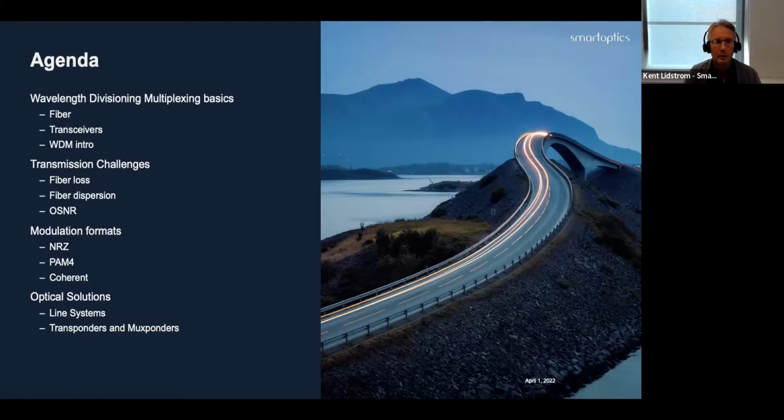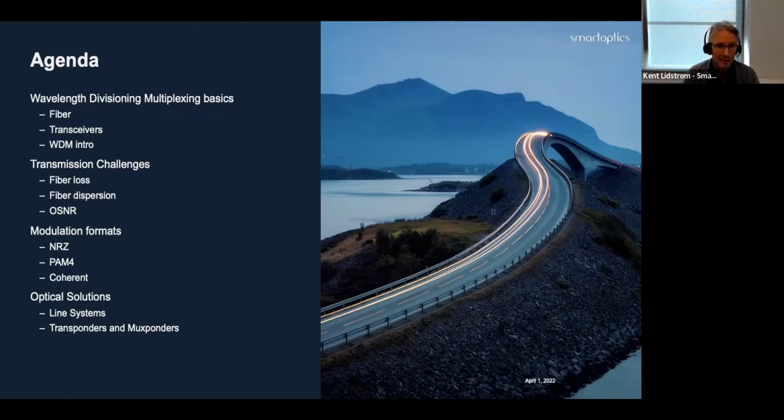I will start with the basics around wavelength division multiplexing by talking about some of the fiber aspects, the transceiver part of it, and also an introduction to wavelength division multiplexing. Then there are challenges you need to overcome in order to shoot a lot of data over long distance, so I will go through fiber loss, fiber dispersion, OSNR, etc. Then some of the modulation formats that can be used to transmit data long distance over a transmission system.